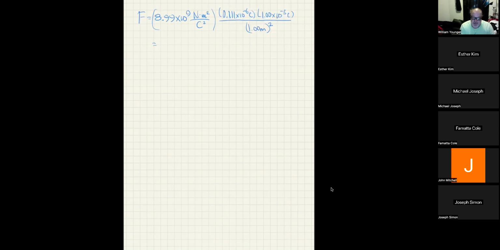And then the 10 to the negative 6 times the 10 to the negative 3 cancels out the 10 to the 9. And then the 1 squared is just 1. So I'm going to get 1.00 newtons is that force.